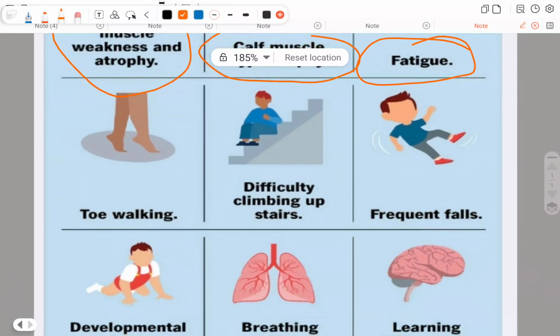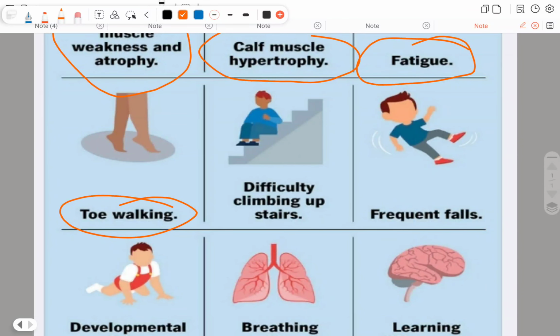The patients have to use their toes to walk, and the patients say that I have difficulties climbing up and down the stairs, and the parents of the patient say that our dear child is frequently falling.